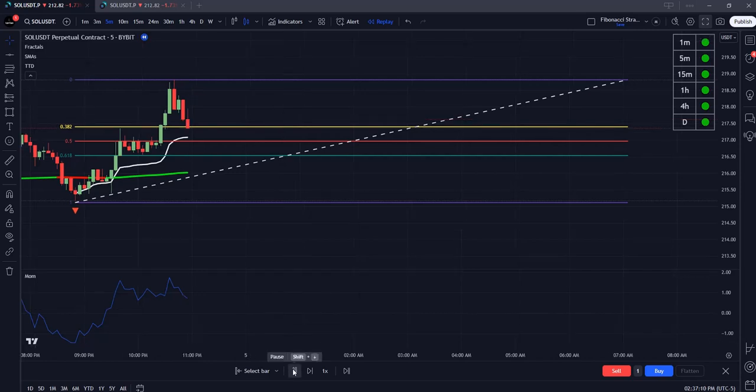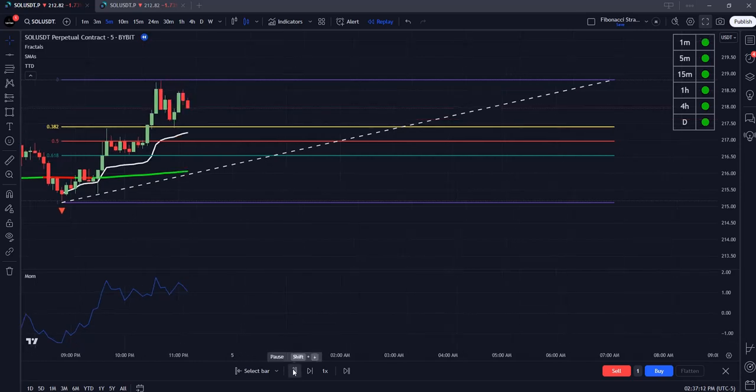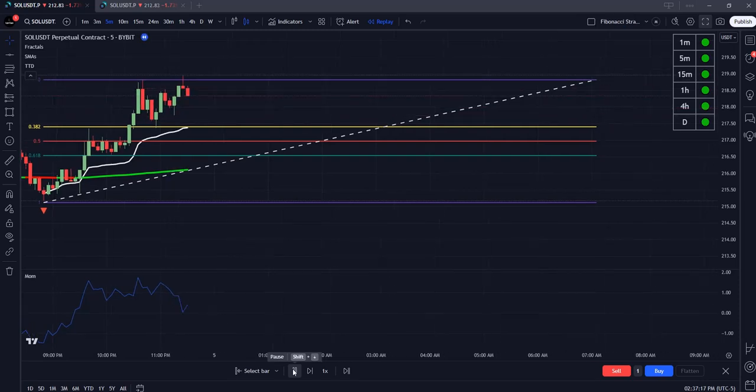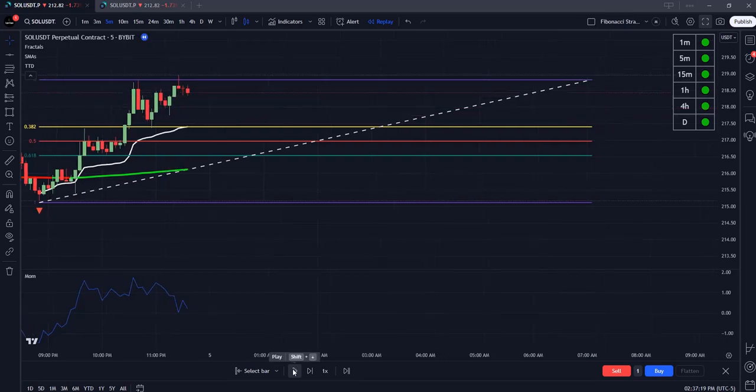Okay, so we'll play a little bit more. Technically this one right here did wick past it. I don't recall if that was exactly what I used, because I took my drawings off of here, but we'll go with that.